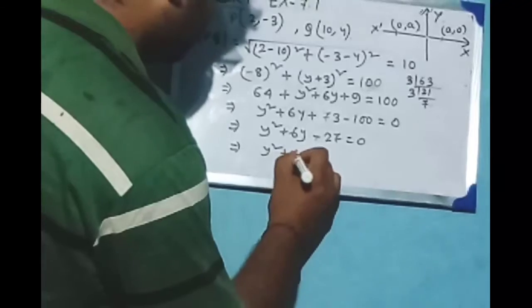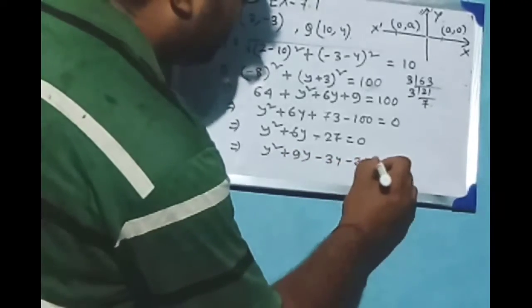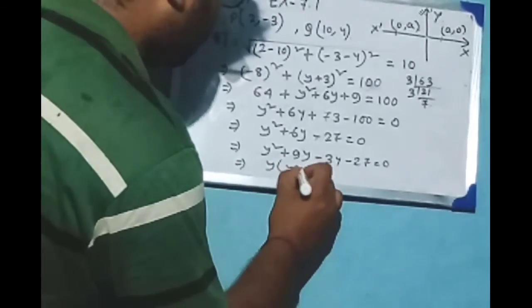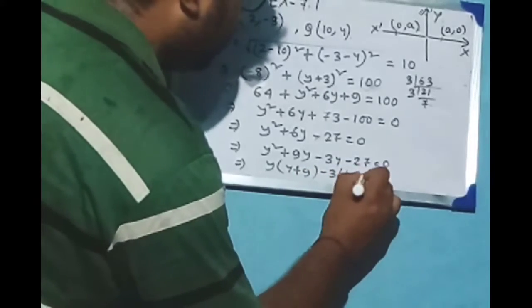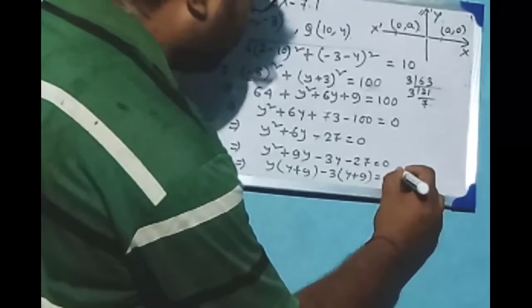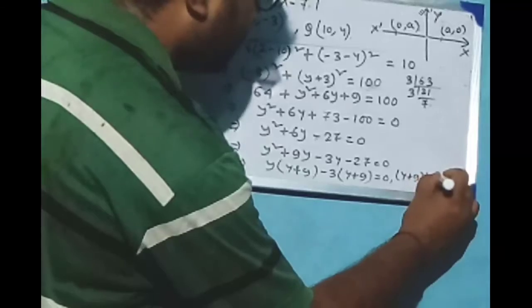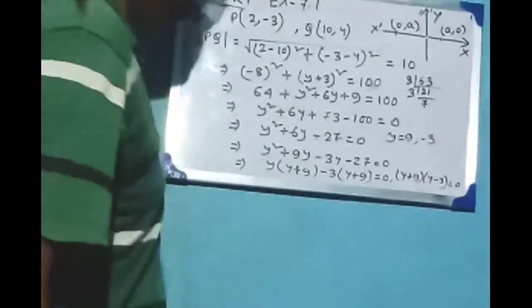Y square plus 9y minus 3y minus 27 equals 0. y plus 9 times y minus 3 equals 0. So we are getting the factorization of (y plus 9)(y minus 3) equals 0. From here we are getting the value of y equal to minus 9 and plus 3.